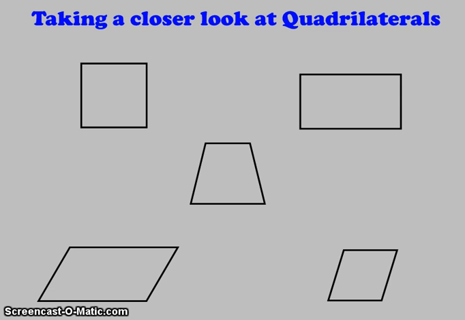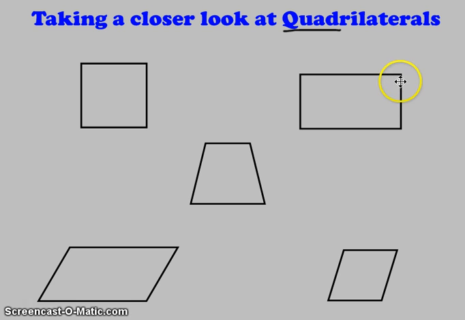Let's take a closer look at quadrilaterals. Remember, we talked about this a little bit before. A quadrilateral is a polygon or a shape that has 4 sides. Just like a four-wheeler has 4 wheels, a quadrilateral has 4 sides. So looking at these quadrilaterals, some of them have some attributes that we already know. For example, this square has 4 right angles or 4 square corners, just like the rectangle.